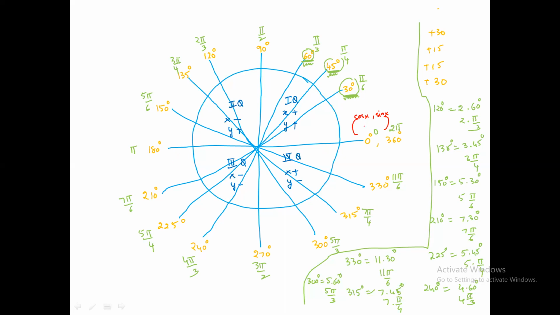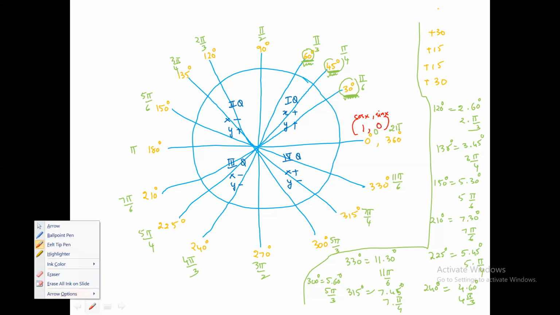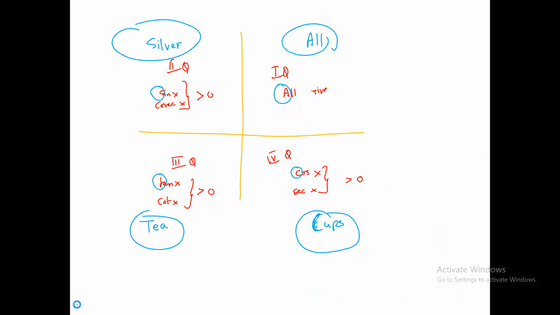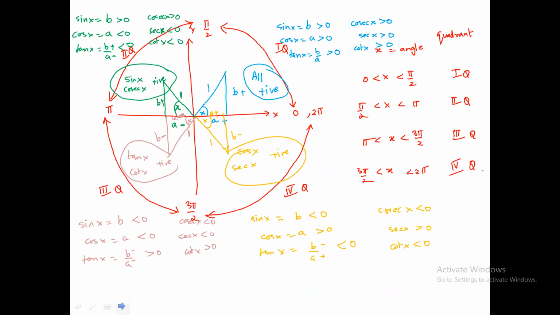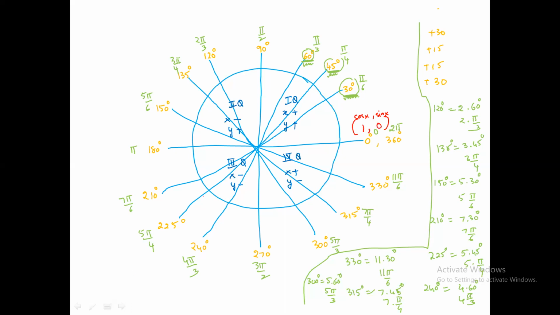So cos 0 is 1, sin 0 is 0. How do I know this? From the table which I have shown you here. Cos 0 is 1, sin 0 is 0 because I have memorized. Now for 30, cos 30 is root 3 by 2, sin 30 is 1 by 2.